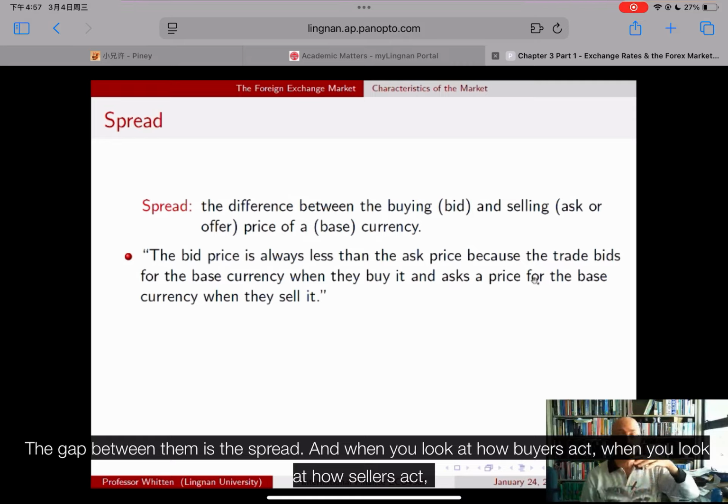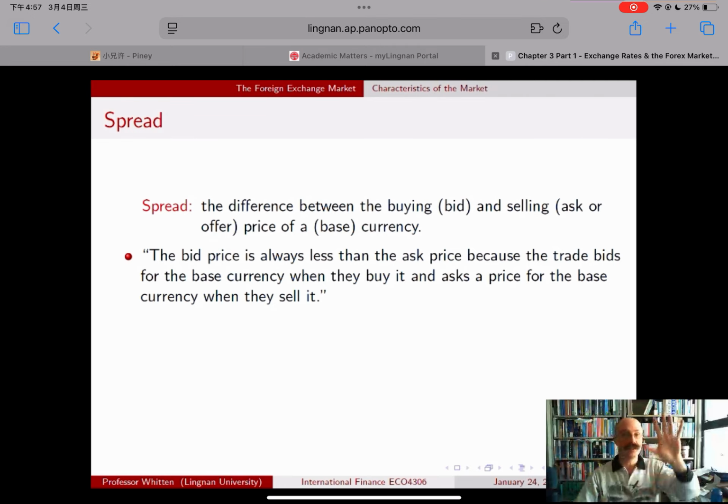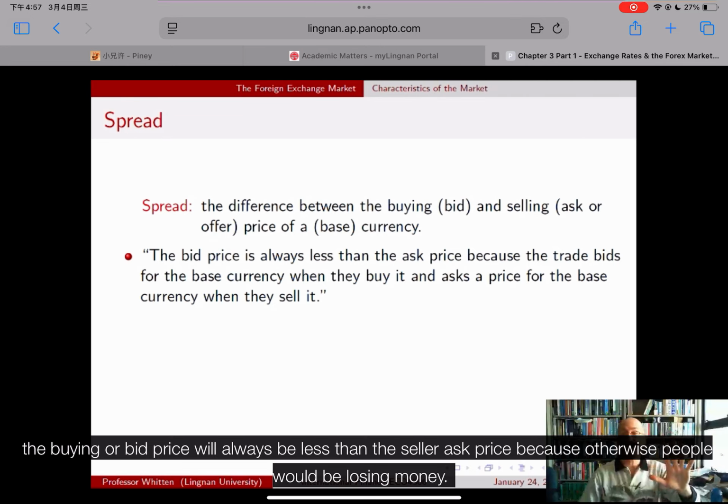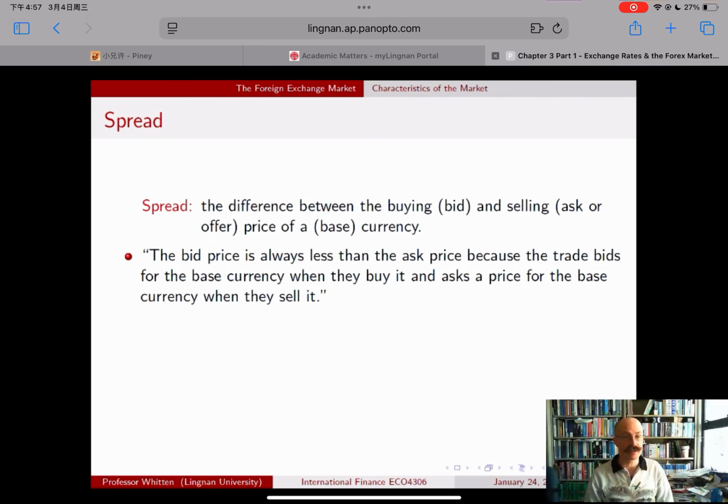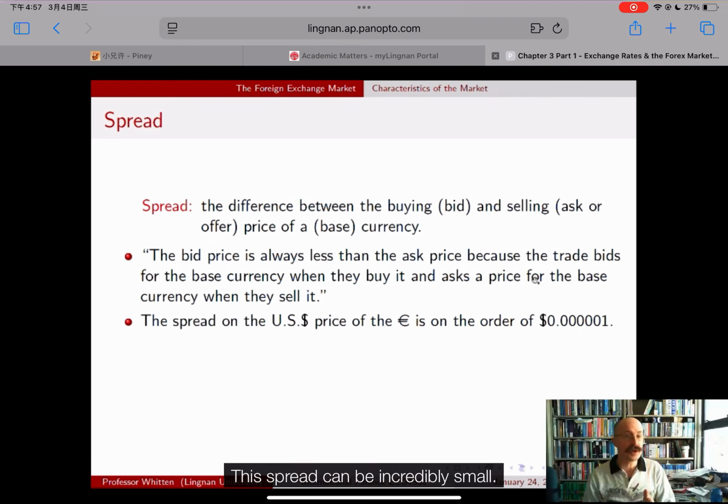And when you look at how buyers act, when you look at how sellers act, the buying or bid price will always be less than the seller ask price, because otherwise people would be losing money. This spread can be incredibly small.